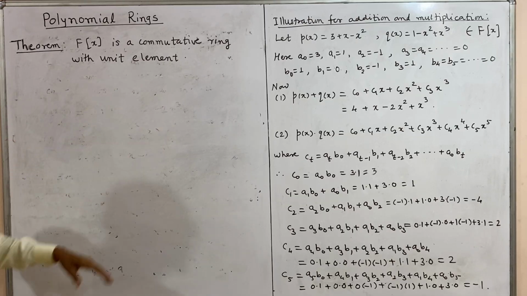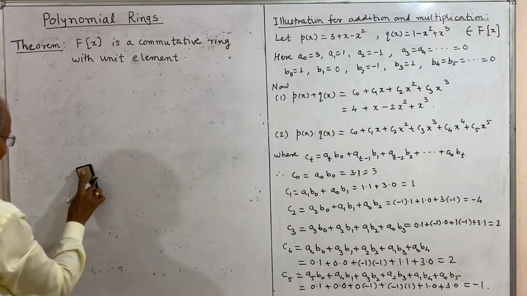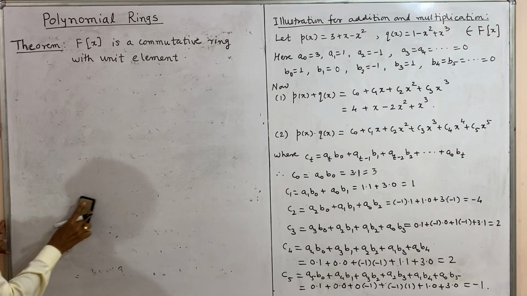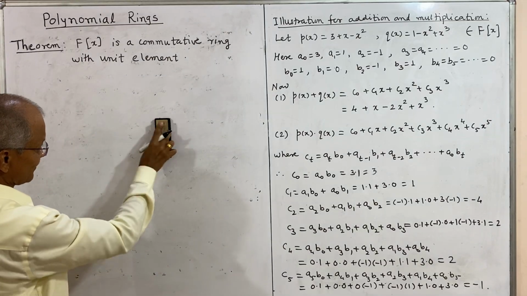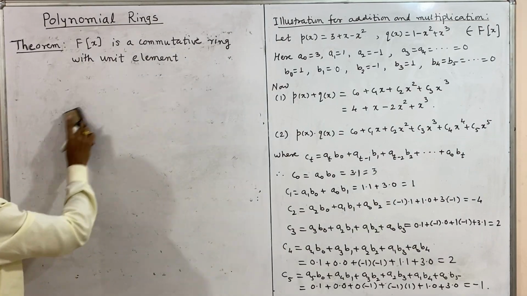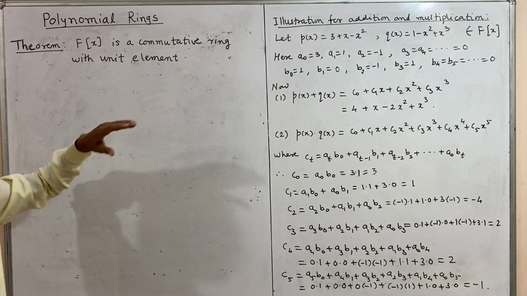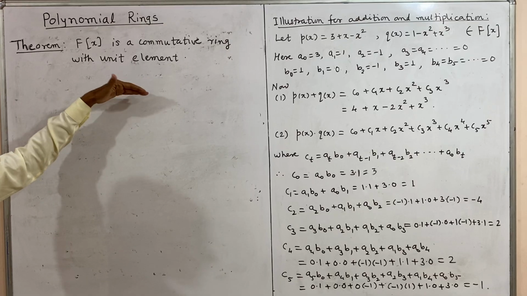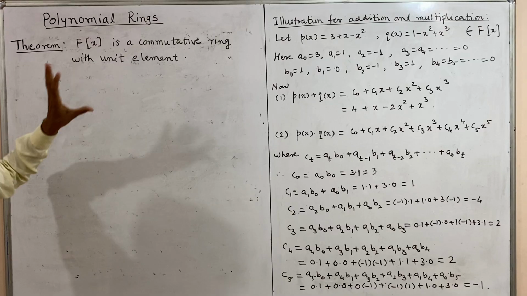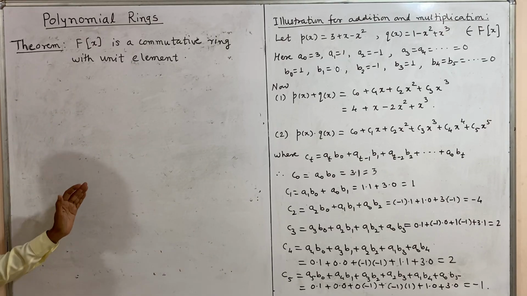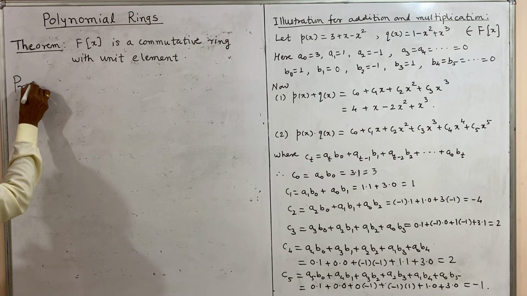So thus in all we have to prove the axioms of commutative ring with unit element, and that means F of x is abelian group under addition, and in addition to that it satisfies certain properties for multiplication, that is multiplication is closed, then it is associative and it is distributive, and in addition to that it has unit element. So all these axioms we shall have to verify, and we can prove like this.